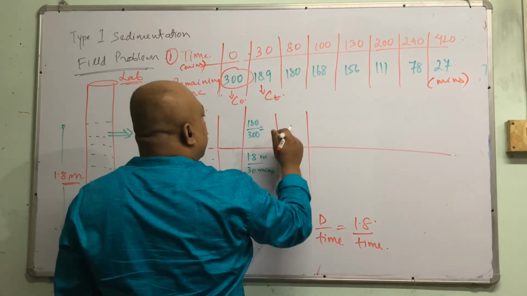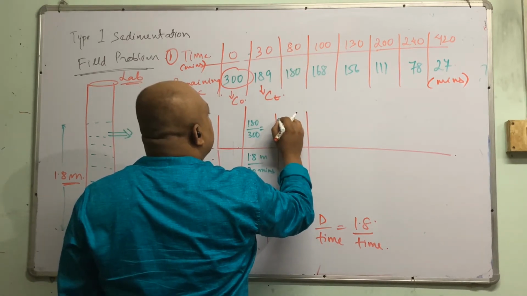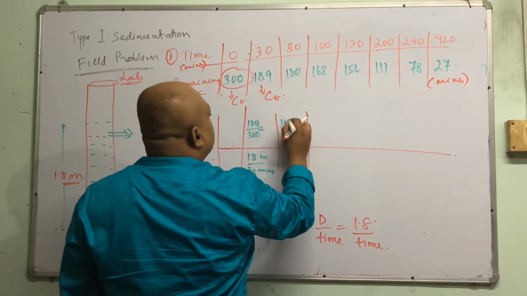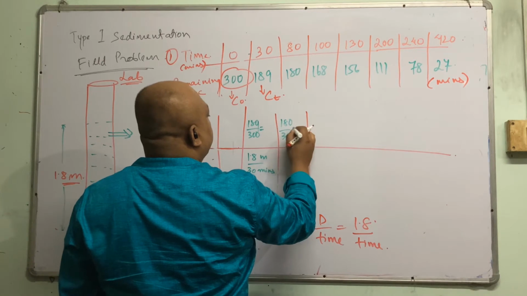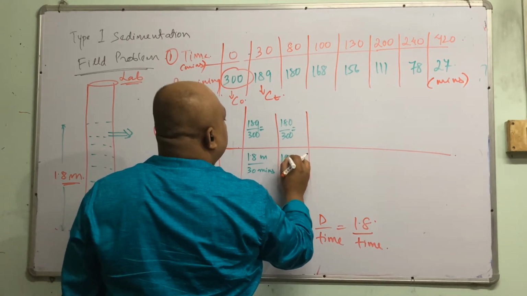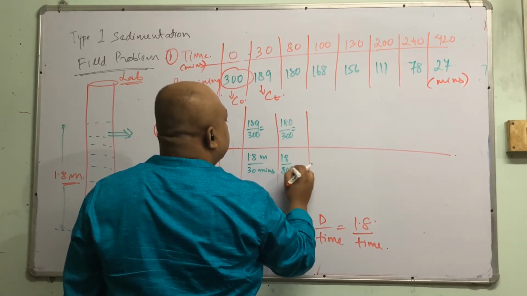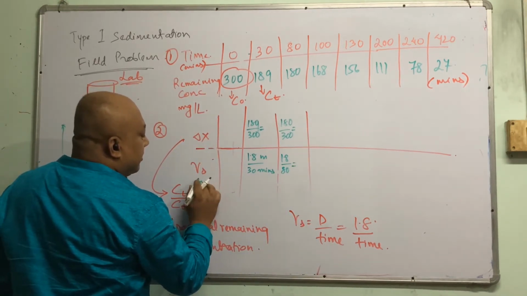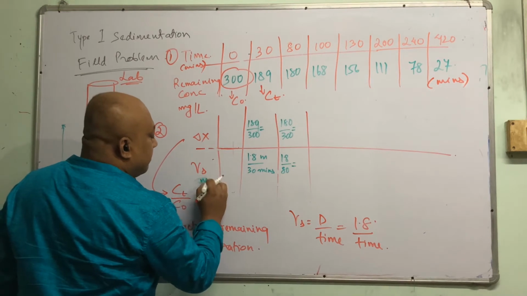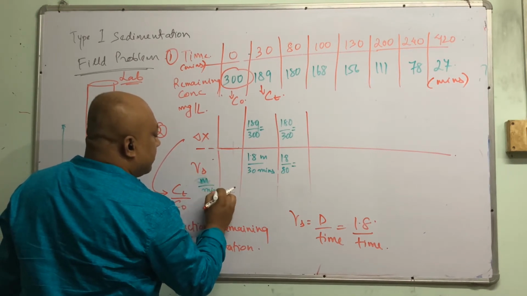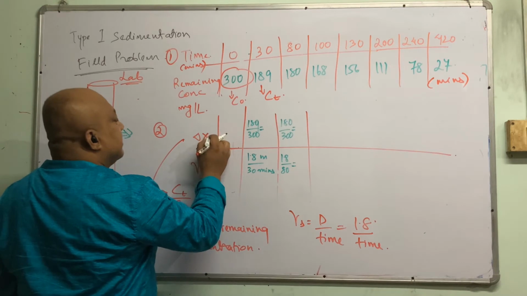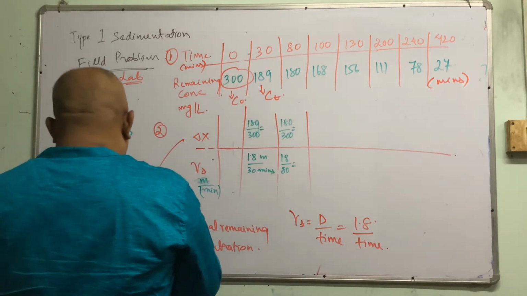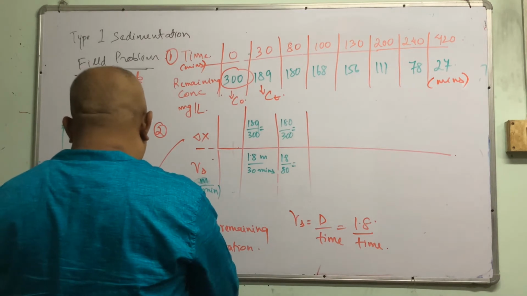Let me write again for your convenience: this is 189, this is 180 divided by 300, this is 1.8 divided by 80 minutes. Settling velocity unit is meter per minute. Del x is a ratio of the same concentration, so no units.